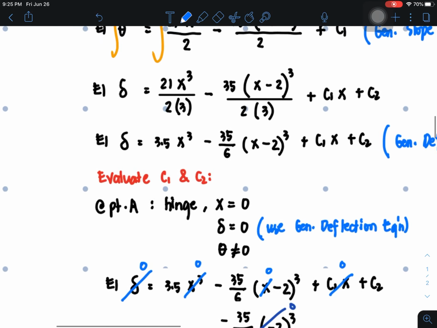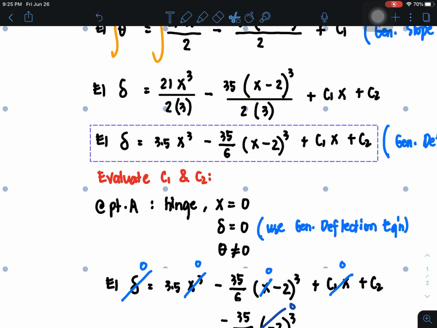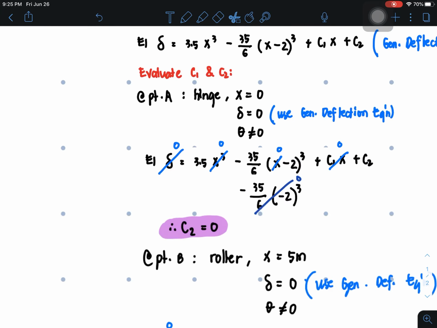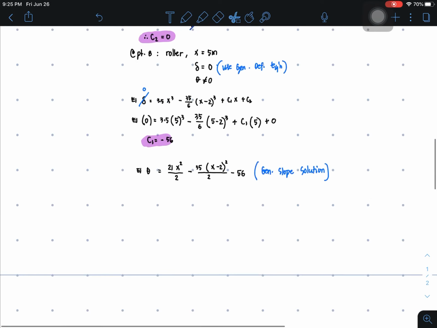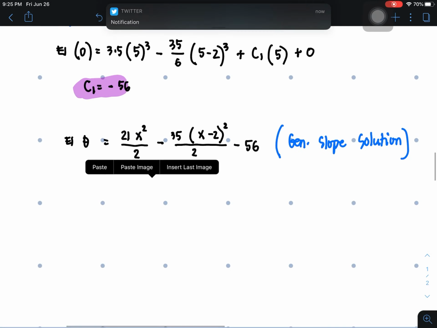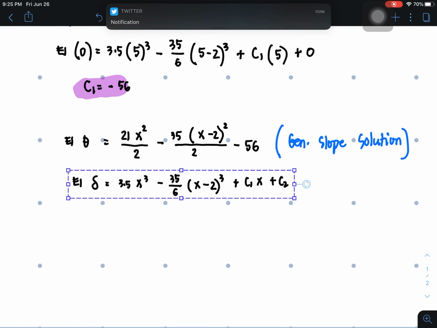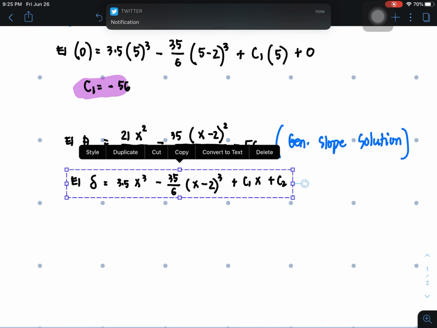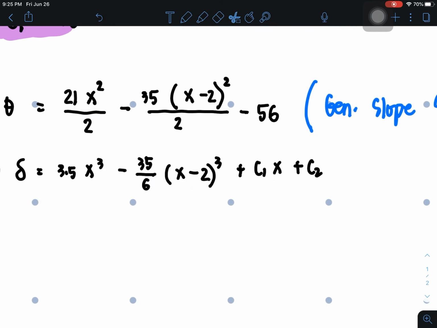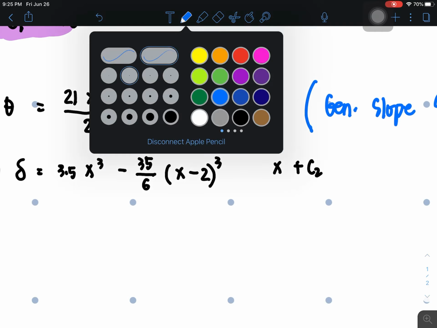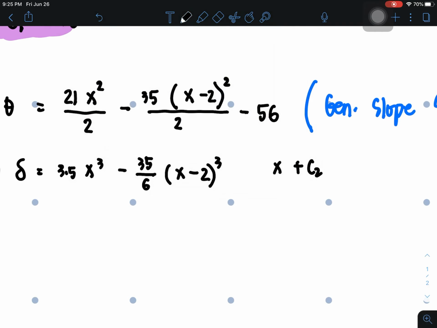How about the general deflection solution? We copy this and paste it here. Do not forget that we're going to substitute C1, which is negative 56, so it's negative 56x.